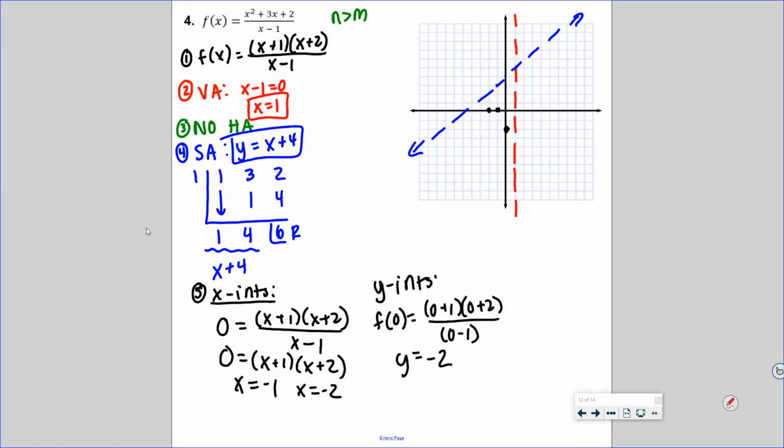So I could probably draw in this piece, but obviously those are only values to the left of that vertical asymptote. So when I make my table, I want to make sure I definitely pick some points to the right. I'm going to come up here to do my table.